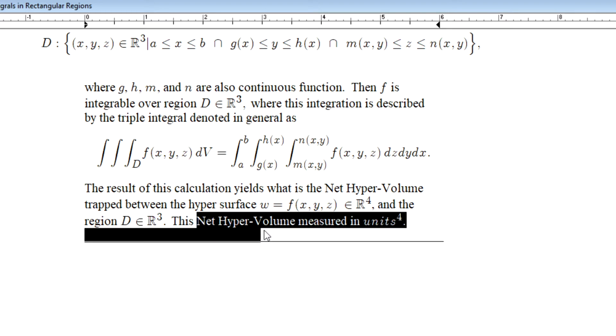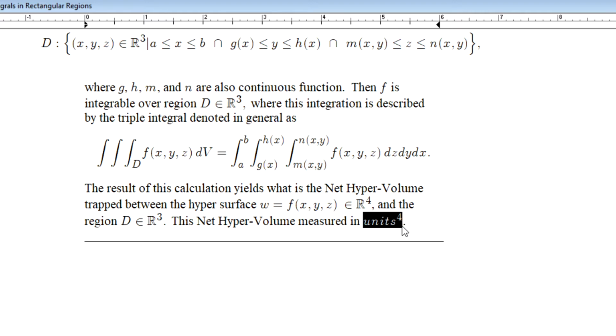And this net hypervolume is measured in units to the 4th power, or what we call quartic units, right? Volume is measured in cubic units, area is measured in square units, length is simply measured in units. In the case of hypervolume, it's measured in quartic units, or units to the 4th power, right?